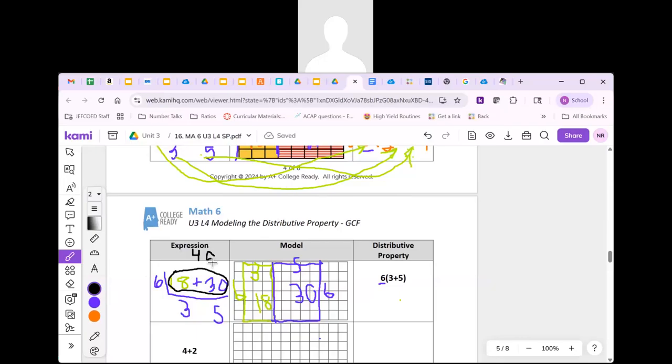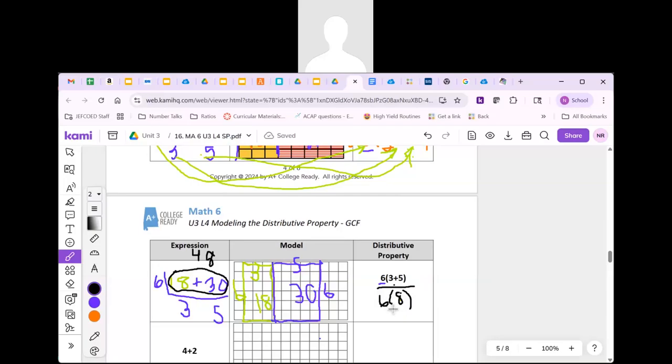Okay. We're going to prove that over here, this expression is equivalent. Here's how I do it. Inside the parentheses, I have 3 plus 5. That is 8, right? The parentheses mean multiply, right? So 6 times 8.